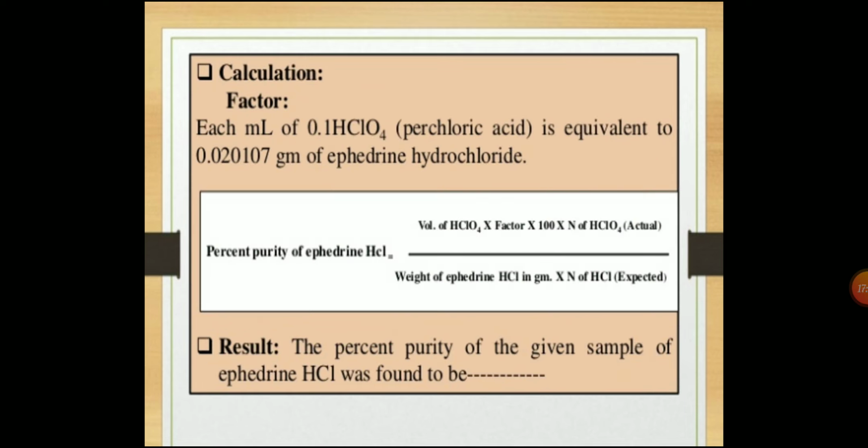Repeat the titration. There again we have a formula for calculating the percentage purity of ephedrine HCl. You can write down this formula for the calculation. The percentage purity of the given sample of ephedrine HCl was found to be.